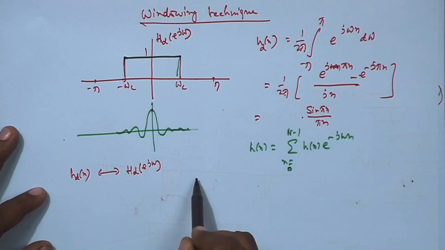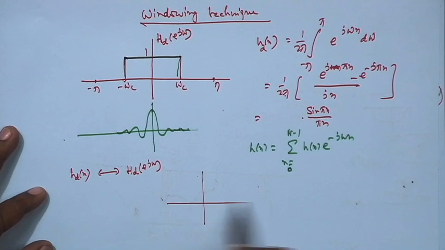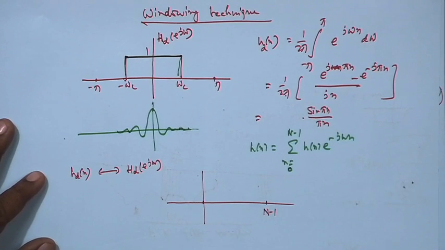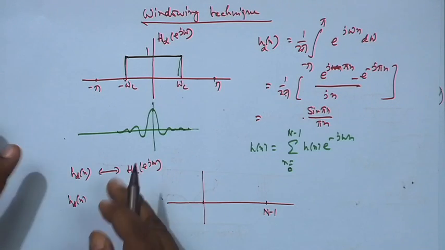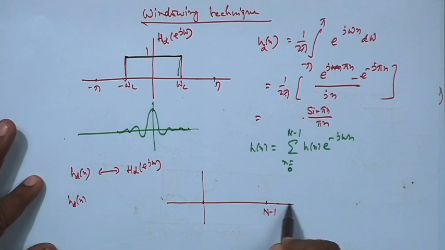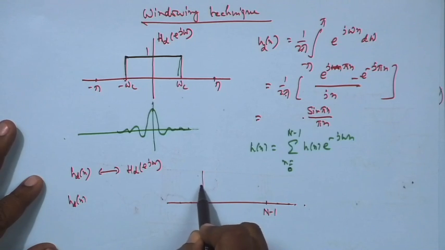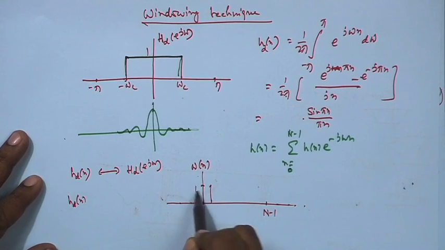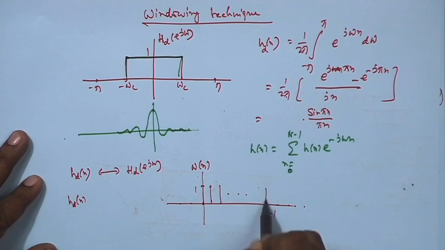What I will do, I will take it only over a zone 0 to maybe some n minus 1. So, that means, if I multiply h d n, I take all the samples as they are only over this region, outside it will be all zeros. That means, I design one window, a rectangular window, all taking value 1 up to this.